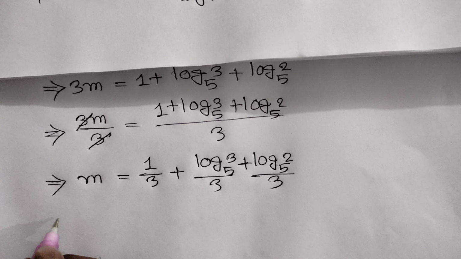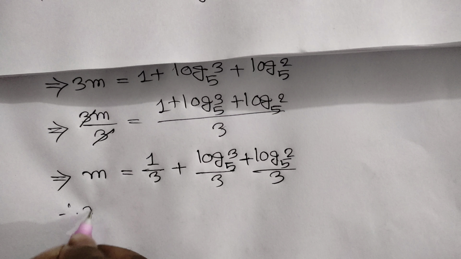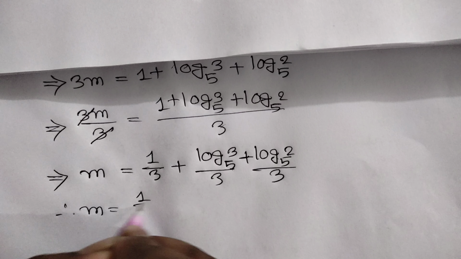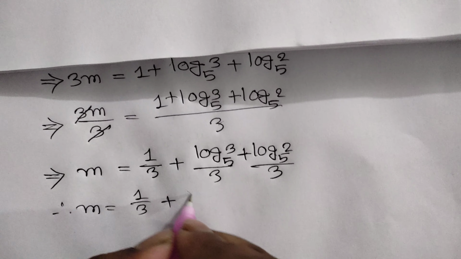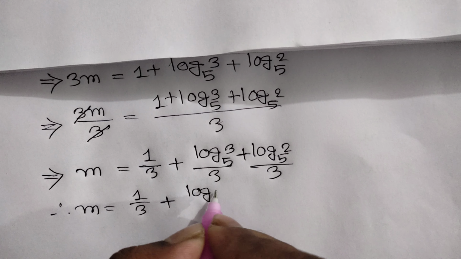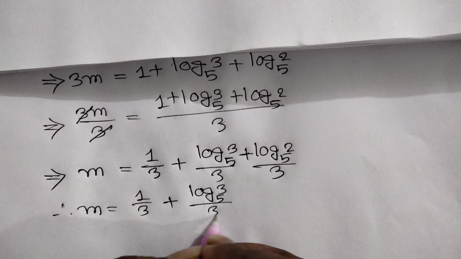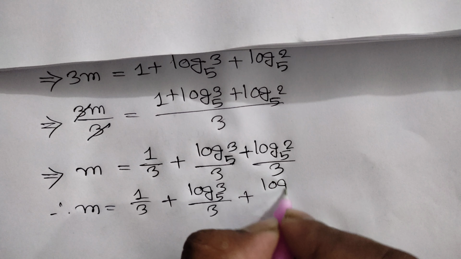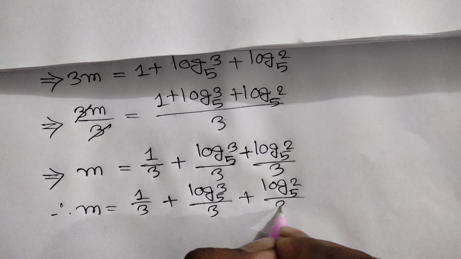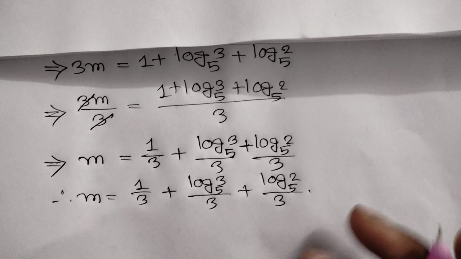Okay, so finally we will get m is equal to 1 over 3 plus log of 3 base 5 over 3 plus log of 2 base 5 over 3, and it is our final answer.